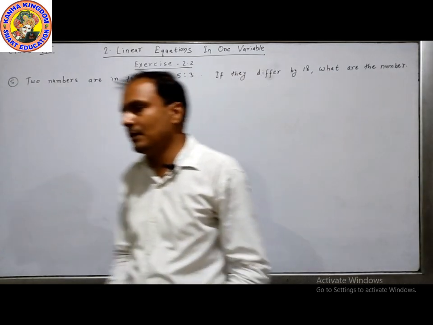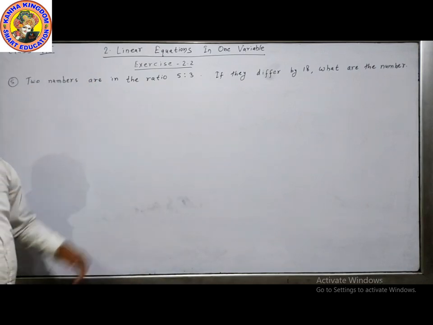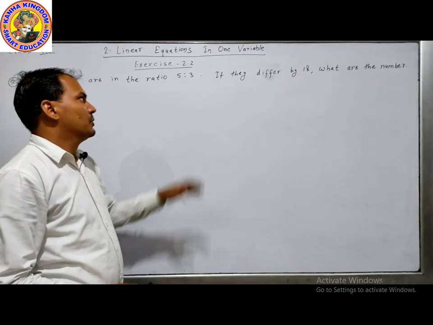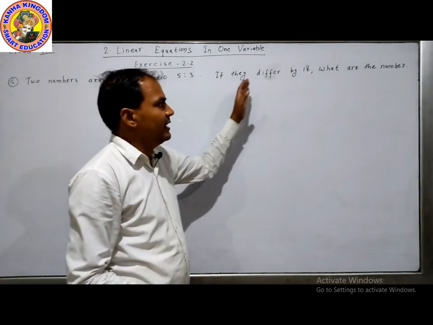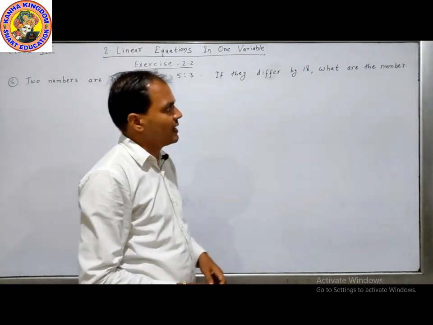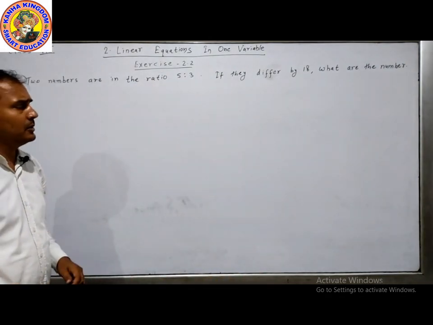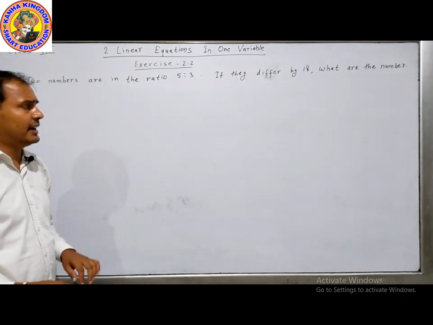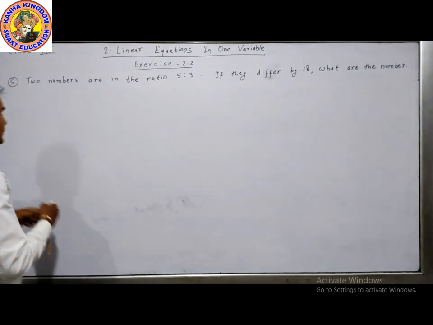So students, our next question is question number 5. Two numbers are in the ratio of 5:3. If they differ by 18, what are the numbers? We cannot assume the numbers directly as x because they are in ratio.